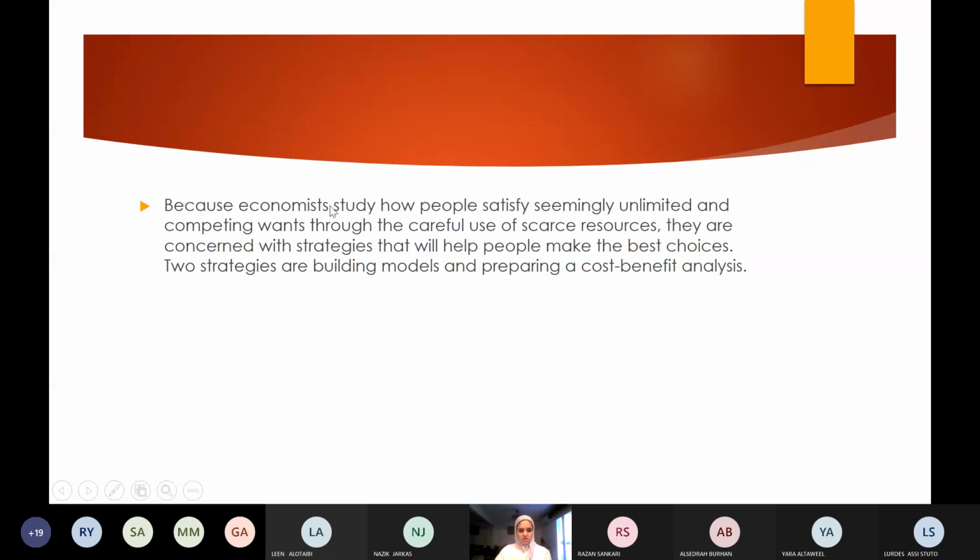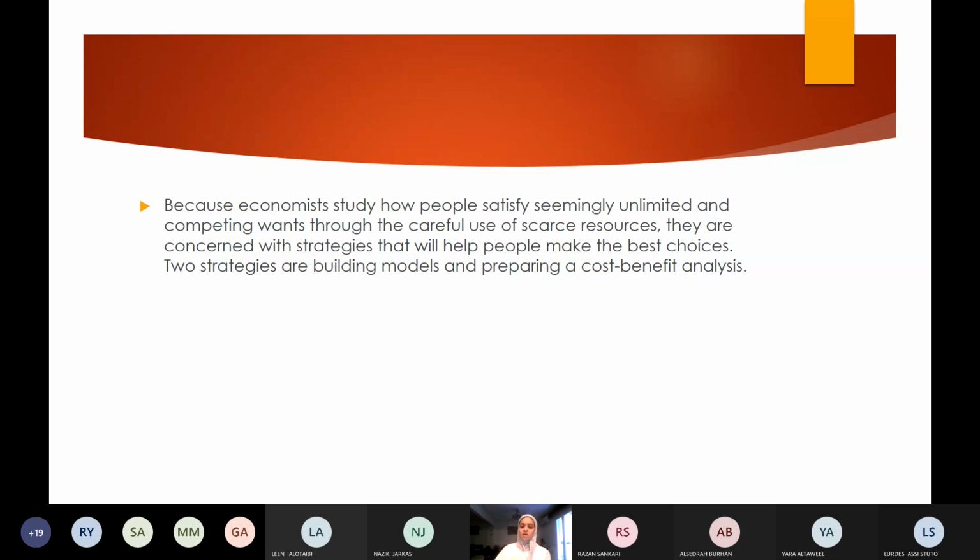Because economists study how people satisfy seemingly unlimited and competing wants through the careful use of scarce resources, they are concerned with the strategies that will help people make the best choice. So economists think of ways to help you make choices. How can an economist help me make a choice?